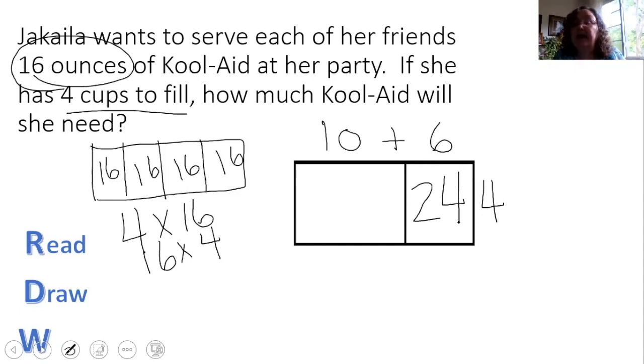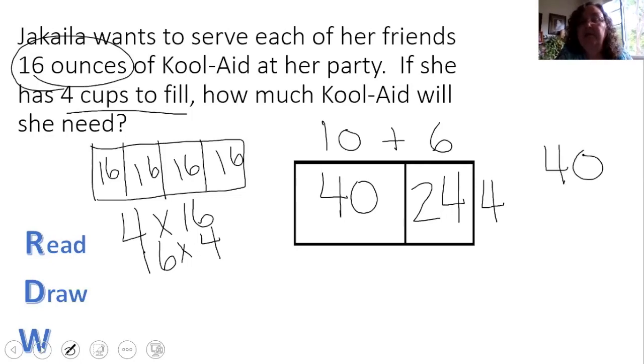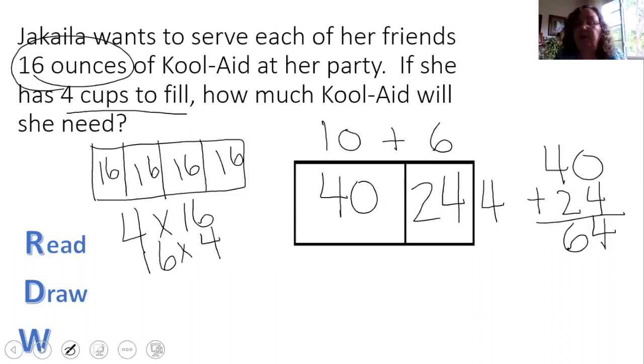And 4 times 10 is 40. So now, because I had those two parts, I'm going to put them together, and I have 40 plus 24 is 64. So am I done?